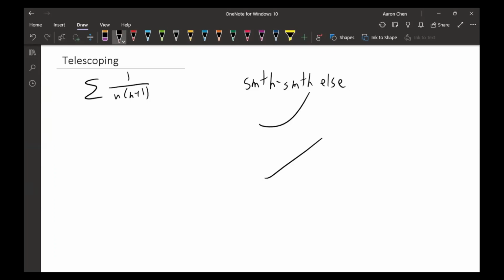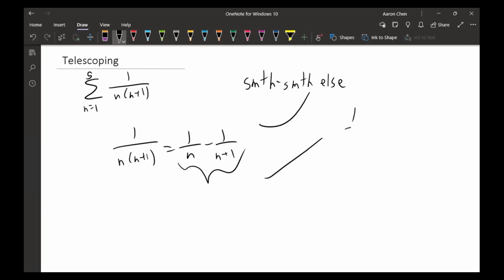So you can see that 1 over n times n plus 1 is equal to 1 over n minus 1 over n plus 1. You can't really see that this is true right away, but it is. Then let's set n from 1 to 5, since that's easier.